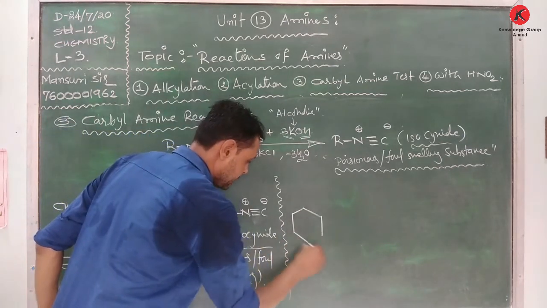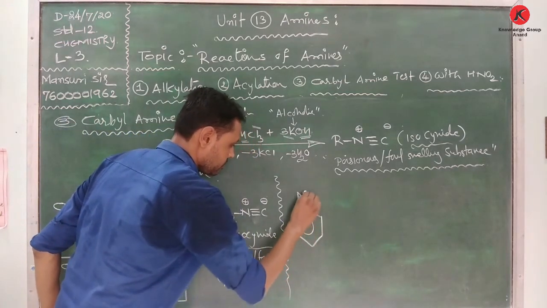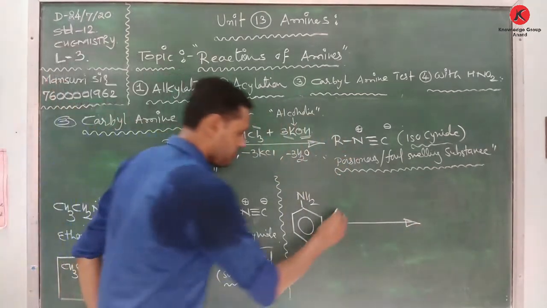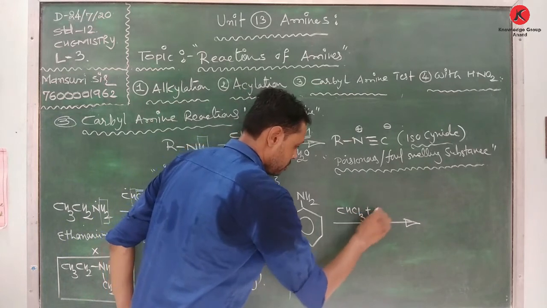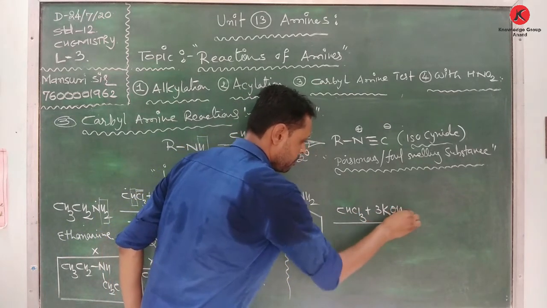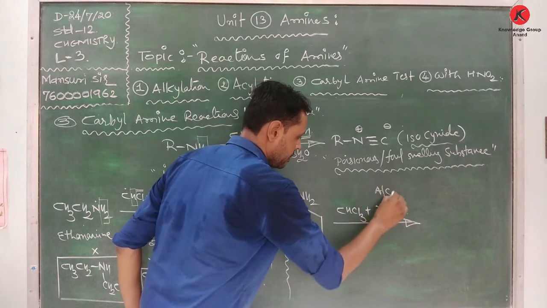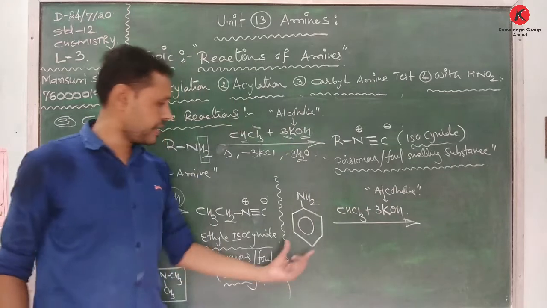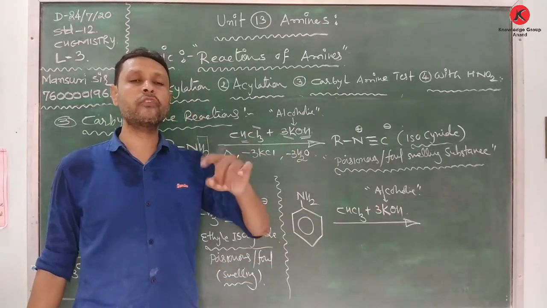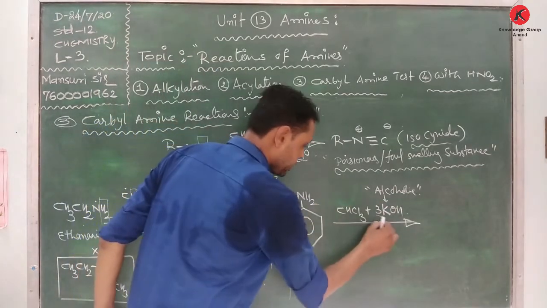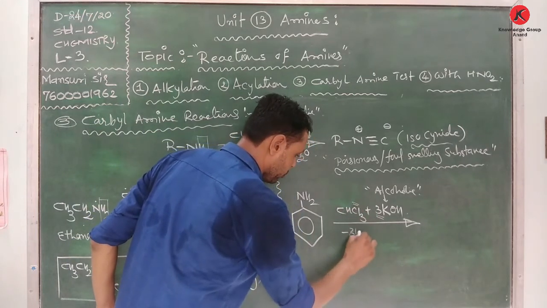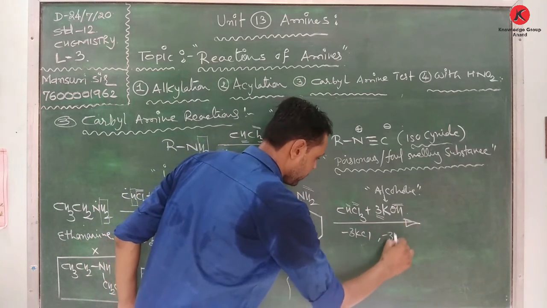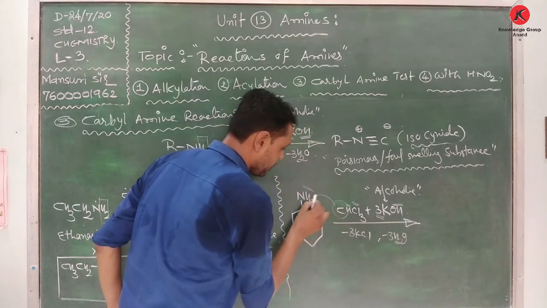Here aniline is given. Aniline reacts with the mixture of chloroform and alcoholic KOH. When aniline reacts with the mixture of chloroform and alcoholic KOH, then 3K, 3Cl will be removed, 3H, 3OH will also be removed, and C will go toward nitrogen.